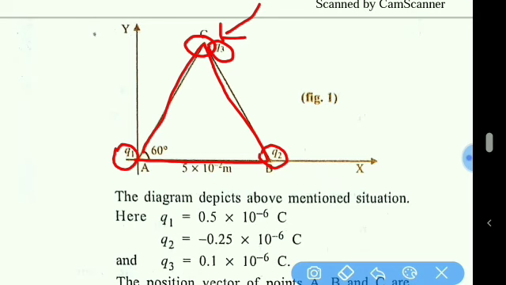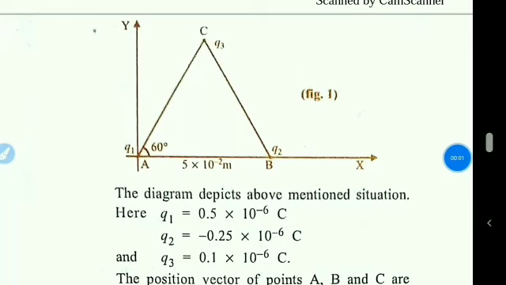This type of example we have already solved. In your textbook, example number 1.7 and example number 1.9 have a similar type of method.